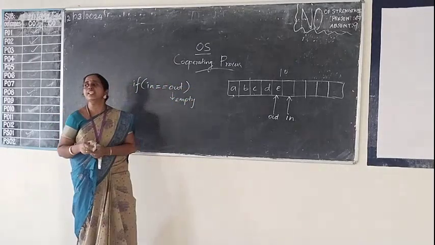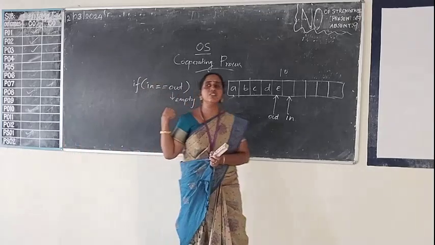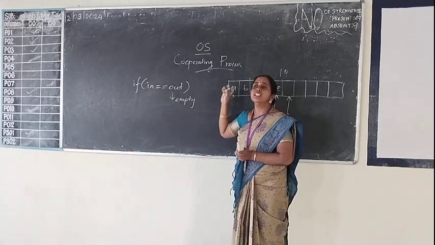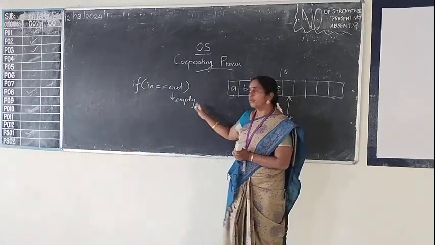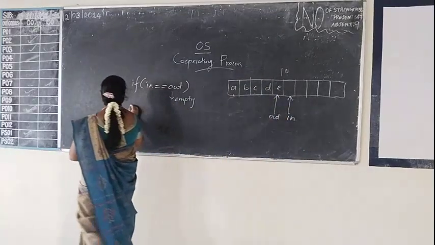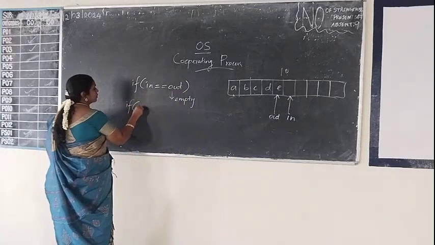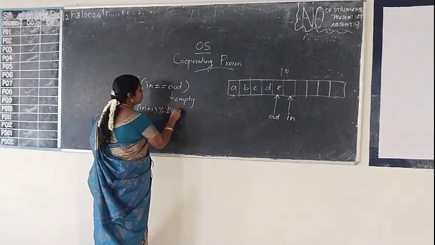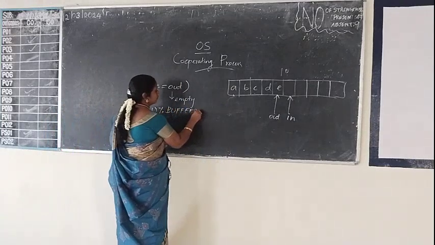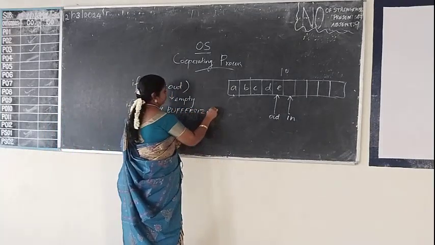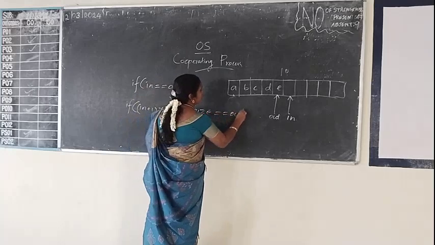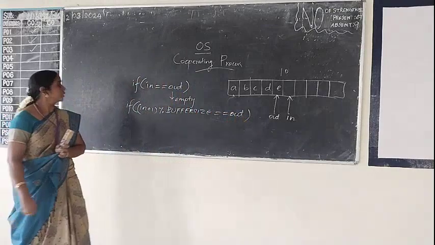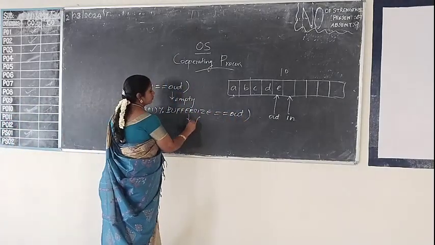To check whether the buffer is full, the condition is (in + 1) % buffer size equals out. This is the condition for checking whether the buffer is full.